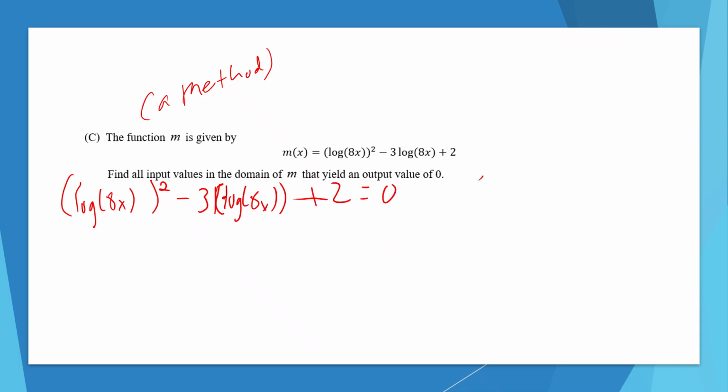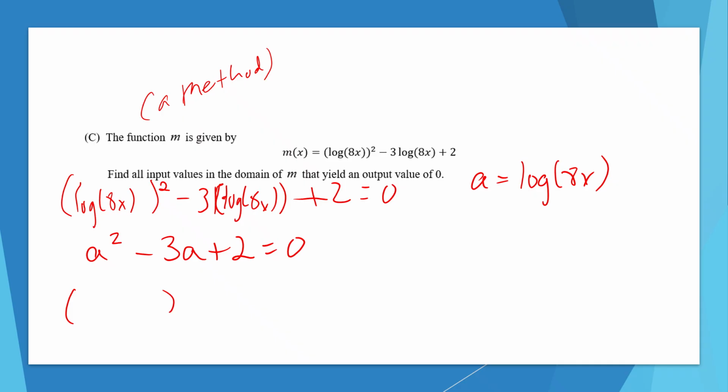Here I'm going to make the substitution a equals log 8x. So this now turns into a squared minus 3a plus 2 equals 0. This is a minus 2, a minus 1 equals 0, so a equals 2, a equals 1.